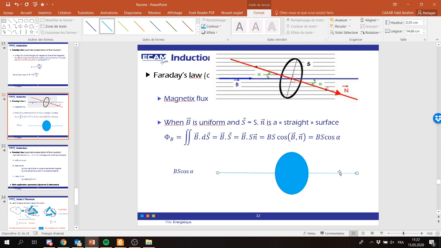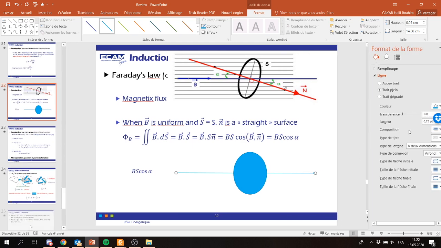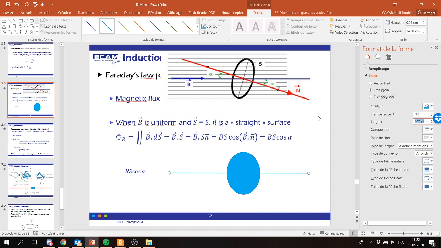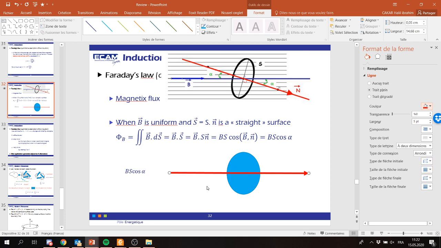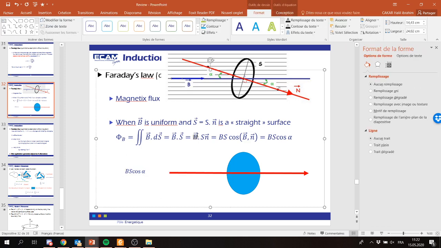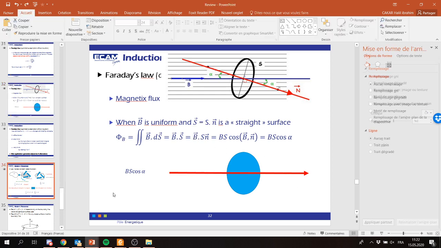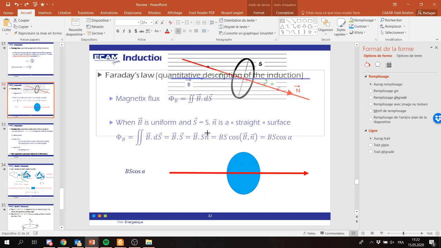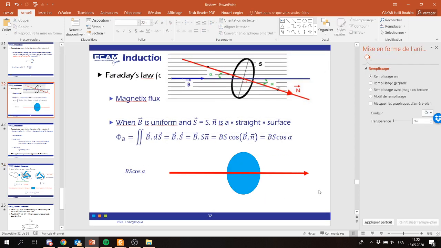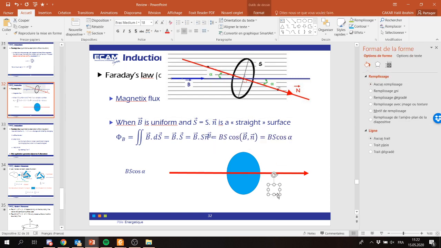This is important, which is why I am taking my time. Let's say this is the B vector, my dear friends. I want to make an animation, if I can manage very quickly. So let's say this is the B field.